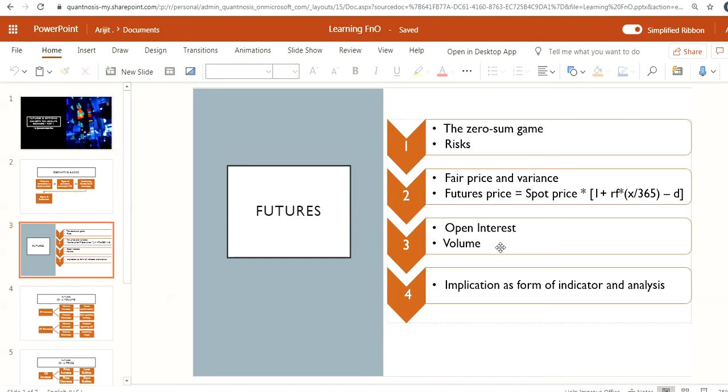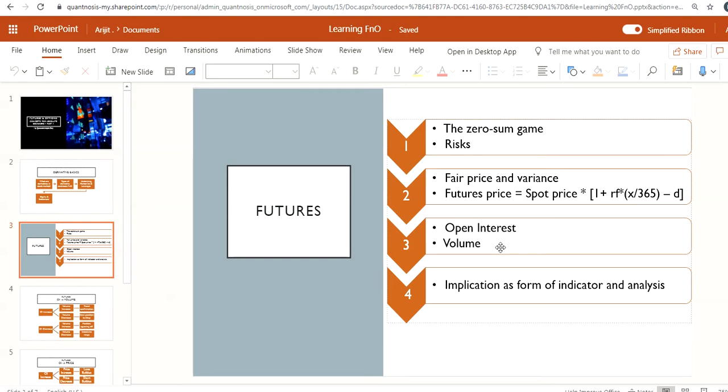I previously mentioned that a contract is created when a buyer is buying and a seller is selling that contract. That's because, unlike the stock market, where stocks are issued by a company, in the case of futures there is no issuing organization, so the contract can only be created when somebody is buying and at the same time someone is selling, resulting in one contract.